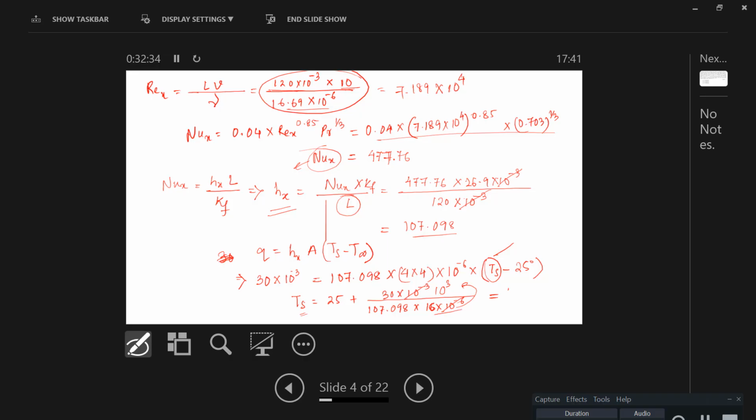So this is around 17.5, this particular thing. And 25 plus 17.5 will give us 42.5 degrees Celsius. So this is the answer.